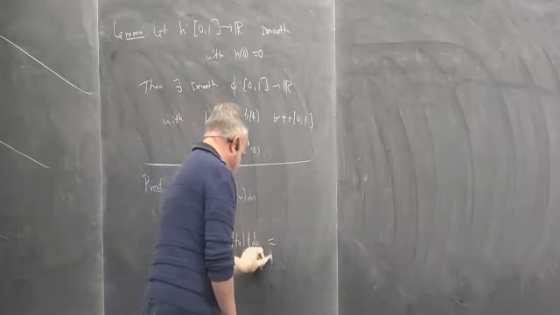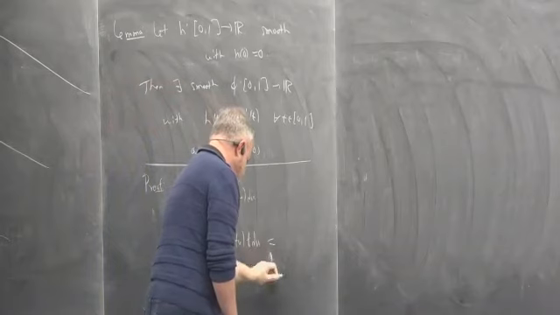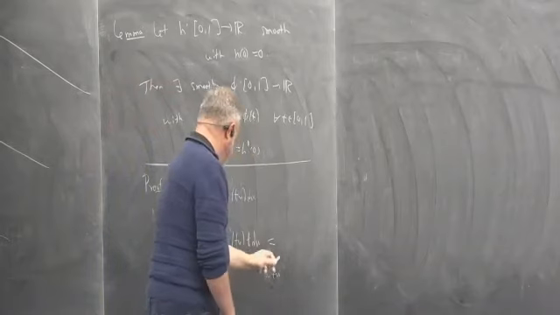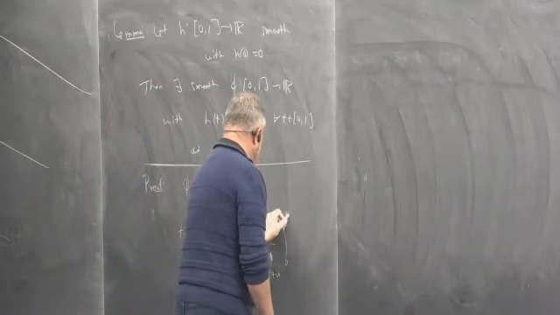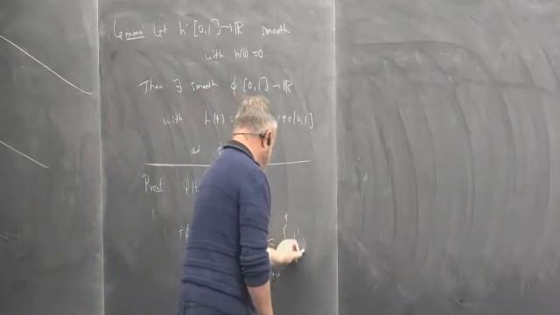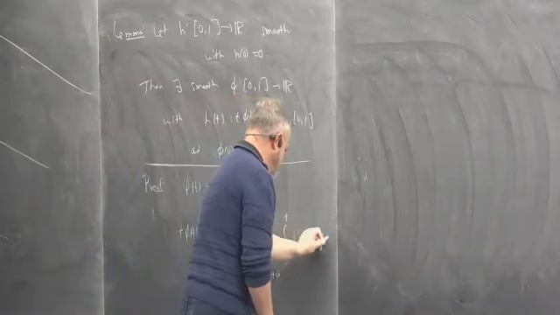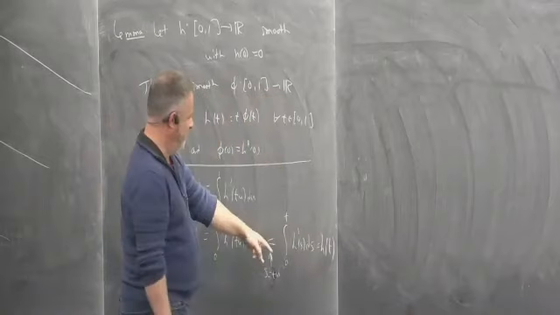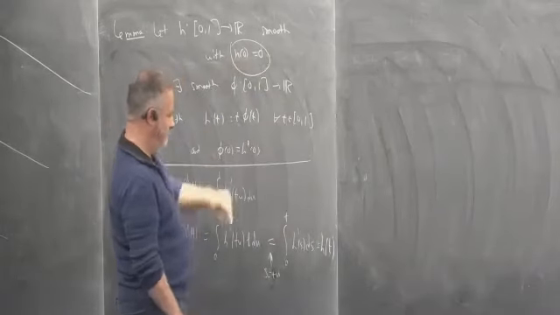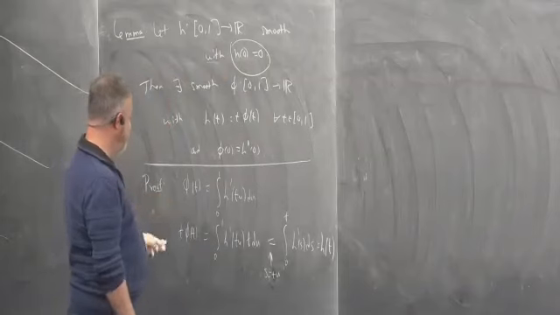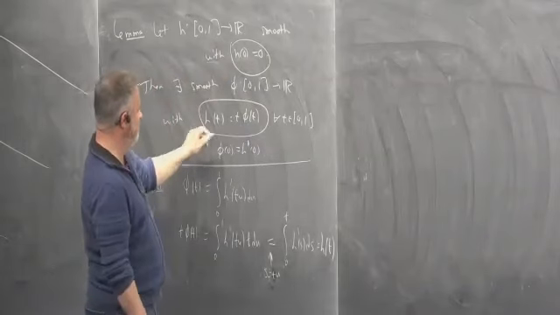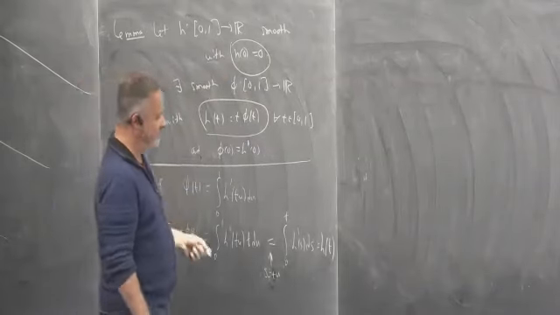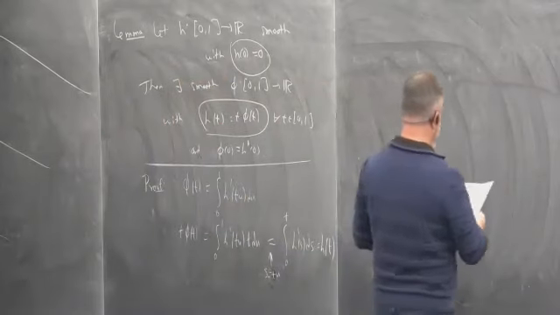And then if I let s equals t times u, this is going to be the integral from 0 to t of H prime of s ds, and that's H of t, because H of 0 is 0. Right? That's why that term drops out. And just from this, if you differentiate this and set t equal to 0, you get this. So I'm going to use this a couple times.